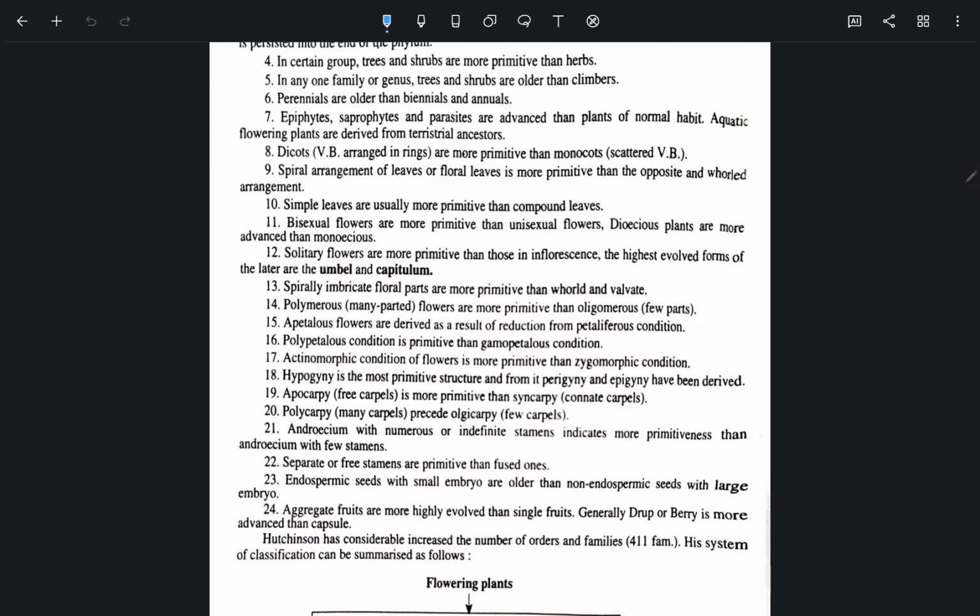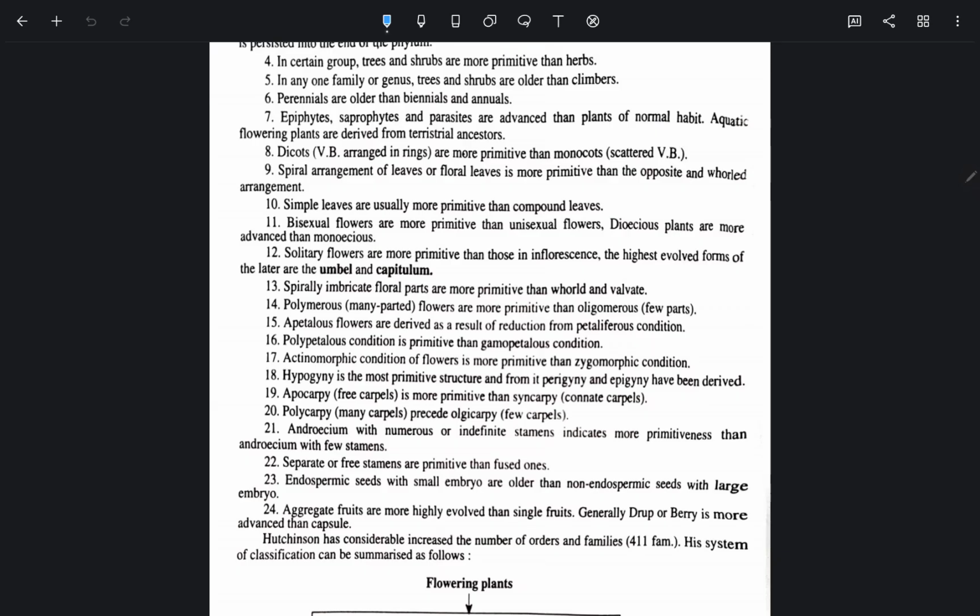Polycarpy precedes oligocarpy. Androecium with numerous or indefinite stamens indicates more primitiveness than androecium with few stamens. Separate or free stamens are more primitive than fused ones.